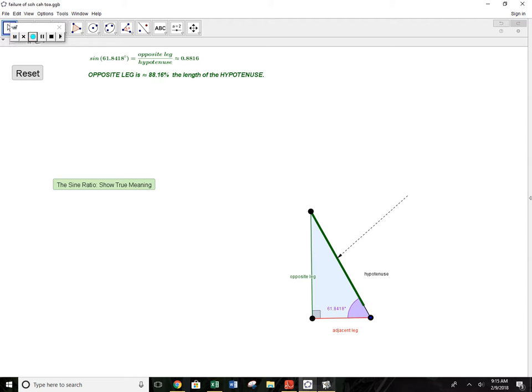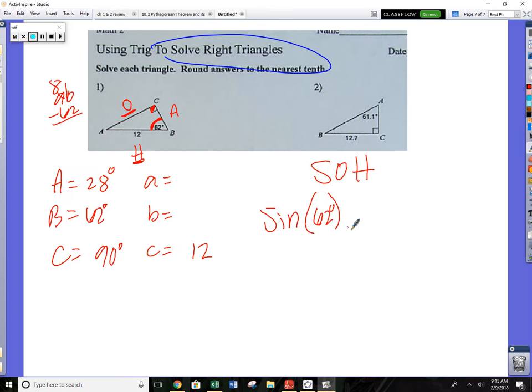So we already know what the sine is. So the sine of 62 is going to be the opposite, which I don't know what the opposite is, so we'll call that x, over the hypotenuse. And we do know the hypotenuse is 12.